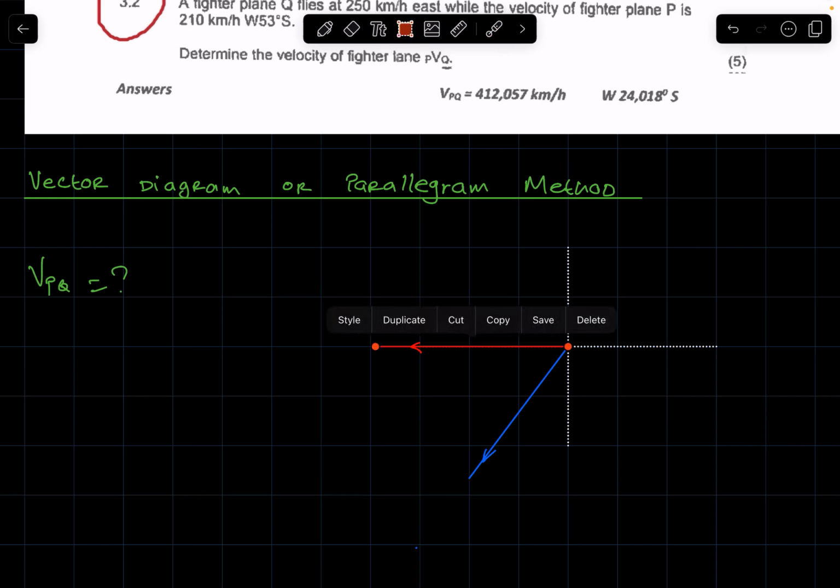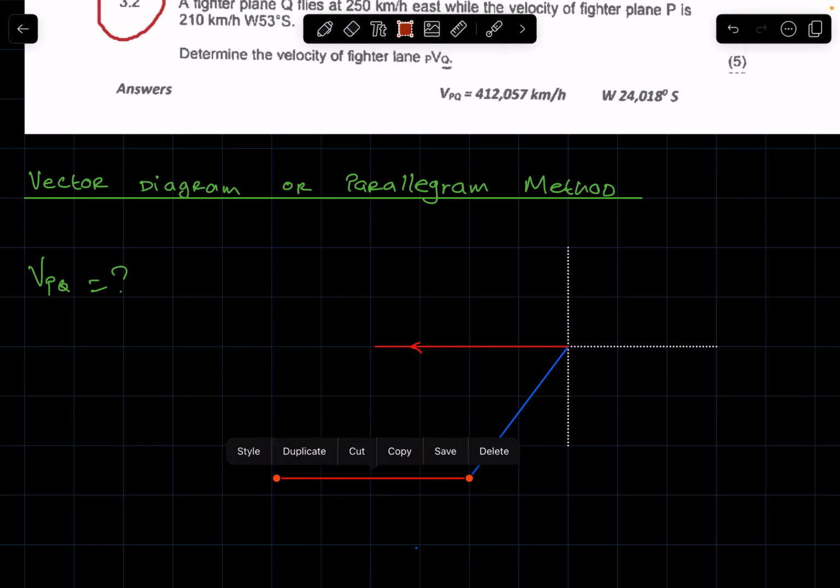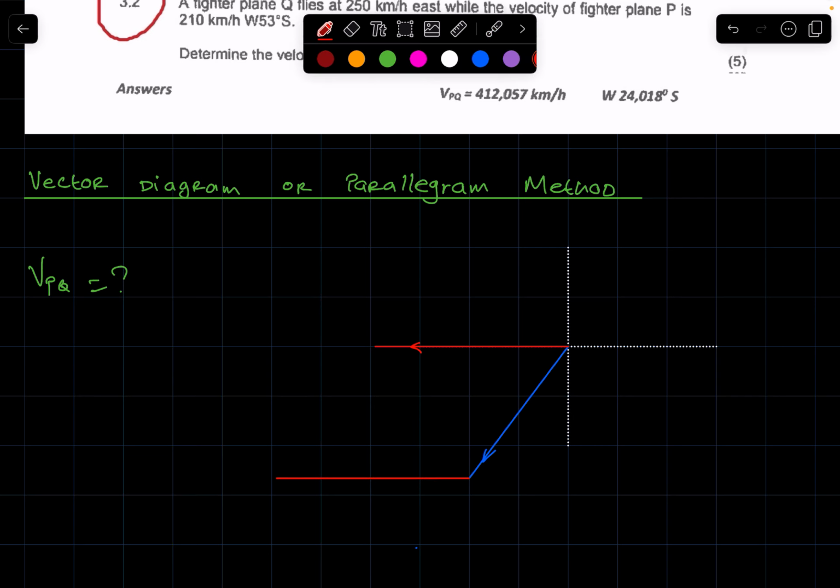So you draw this one at this point. Remember that this one is 5 centimeters, so you measure 5 centimeters from here to there, and you should get this line. Once you have that one, all you do is essentially connect the two.